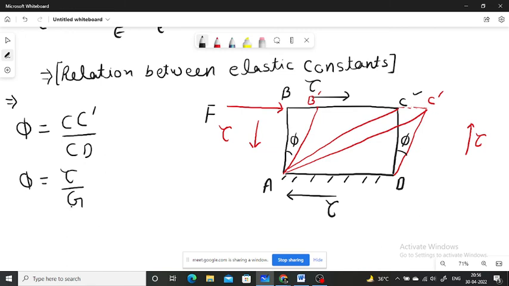Now from these two equations, CC dash upon CD is equal to tau upon G. Equation number 1.